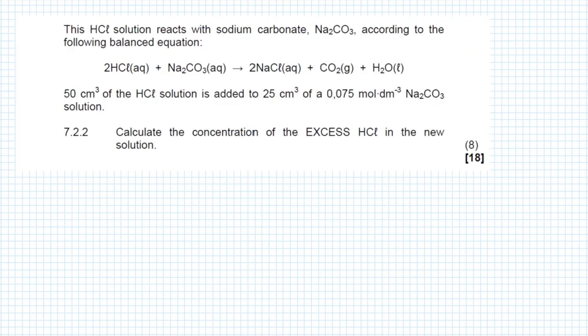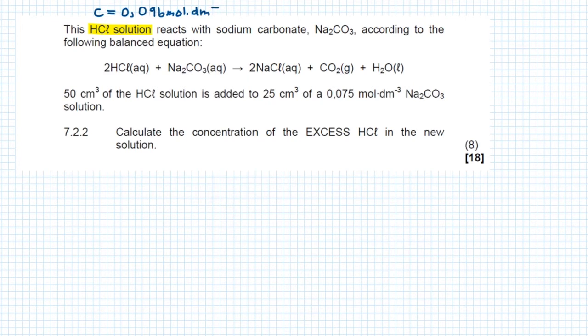Question number 7.2.2 begins with some new information. It says this hydrochloric acid solution. When they say this hydrochloric acid solution, they are talking about the one that we just performed a calculation for, whose concentration is equal to 0.096 mole per decimeter cubed.